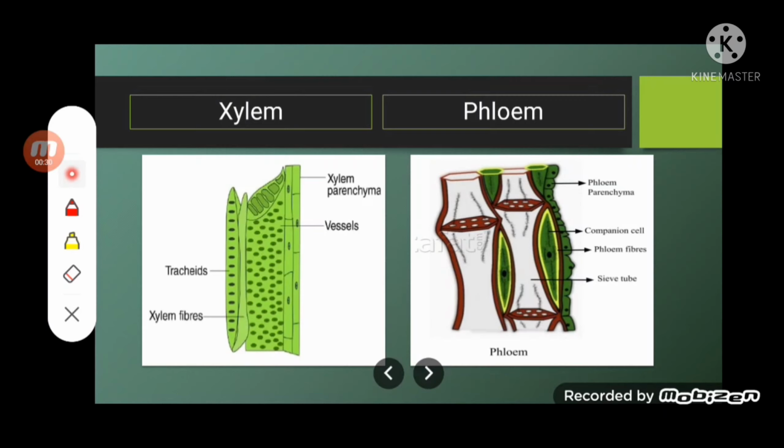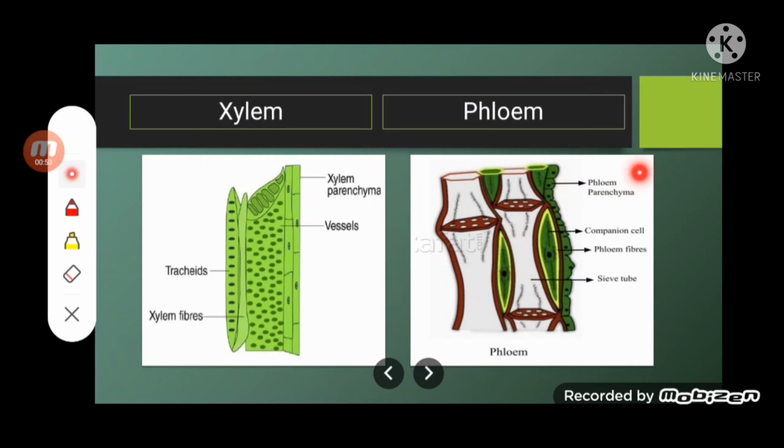The sieve tubes are elongated cells provided with sieve plates in between, which are perforated. What is the meaning of perforation? It means they have pores, as you can see here.